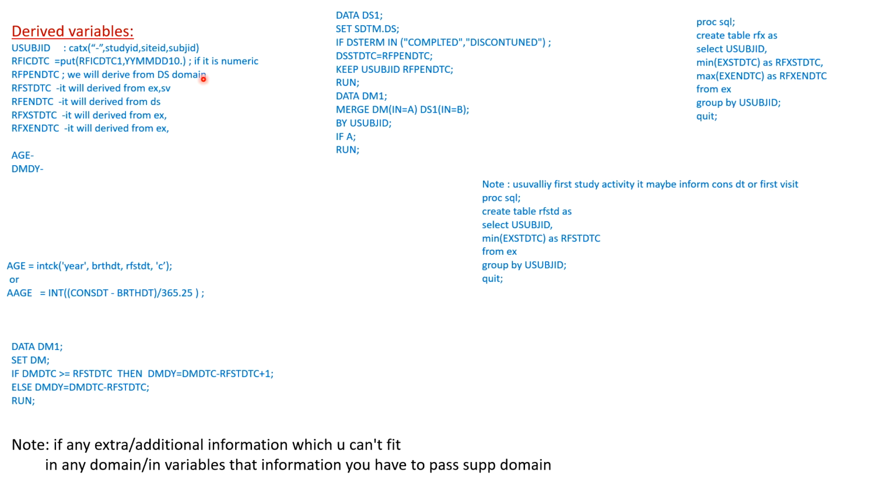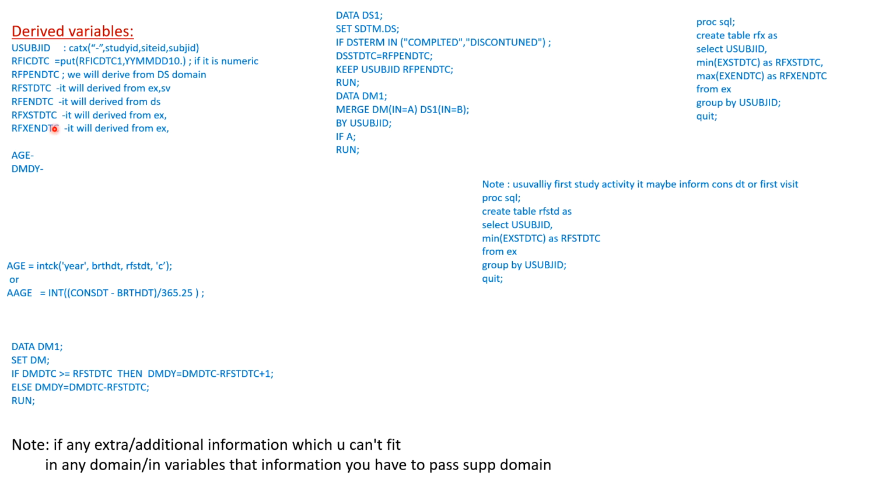In this way we'll derive the unique subject ID. Here RFICDTC comes from the RFICDT source variable. We have to convert it into YYMMDD10. format or ISO 8601 format if it is numeric. If it is character, the same value is assigned.